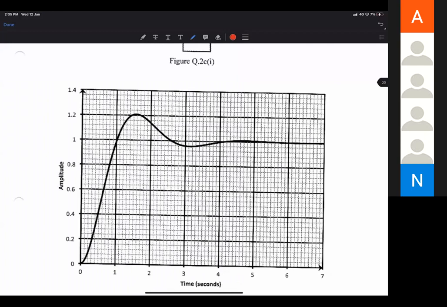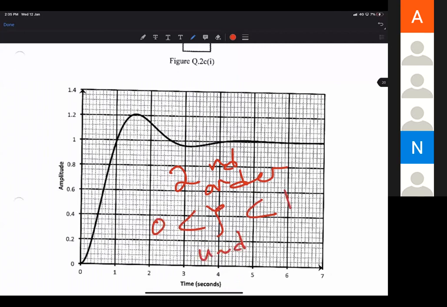Second order. Second order type what? Undamp, overdamp, negative damp, critical damp. Under damp.